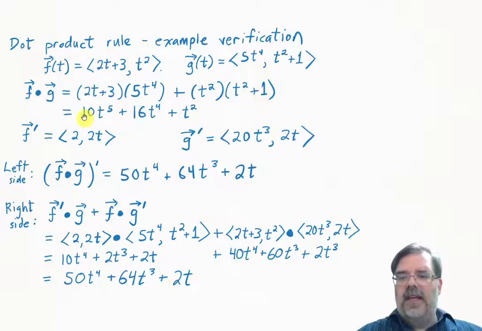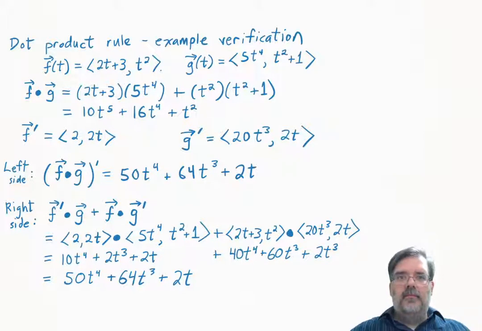When you simplify that, we get 10t to the fifth plus 16t to the fourth plus t squared. In order to calculate it in the other way, we'll need to calculate f prime. The derivative of f is 2, comma 2t. We'll need g prime. The derivative of g is 20t cubed, comma 2t.